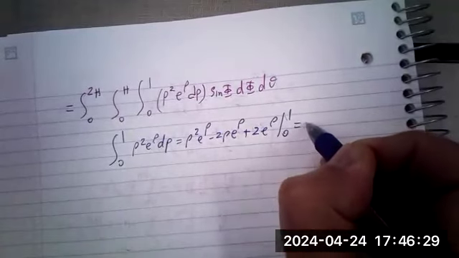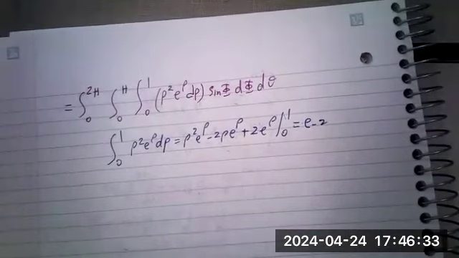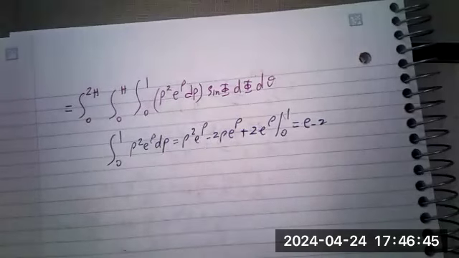If you substitute, that gives you e minus 2. We did it the other day. With the tabular method, you may have rho e to the rho most of the time, which is easier to handle. So that would take care of this part.